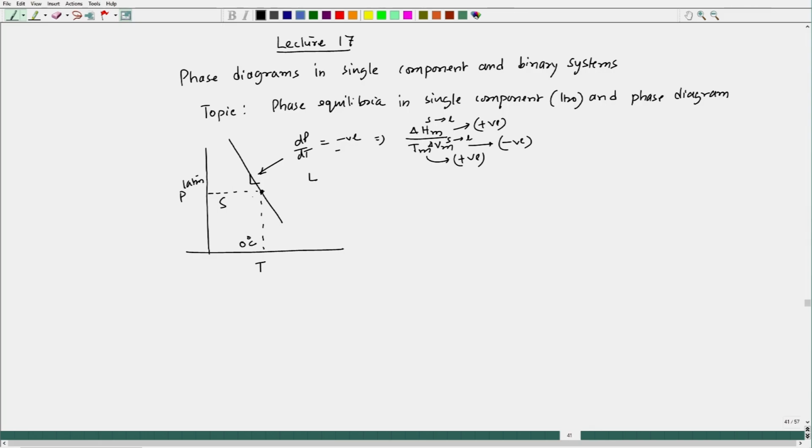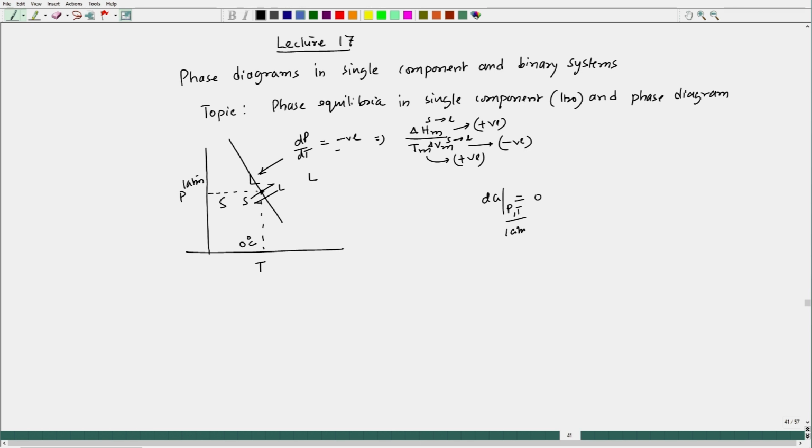At this point solid and liquid both are in equilibrium, and we have also got some idea about this equilibrium condition where dG equals 0 at constant pressure and temperature.